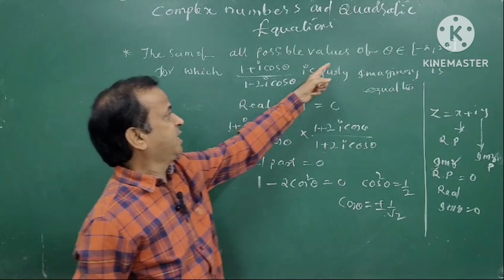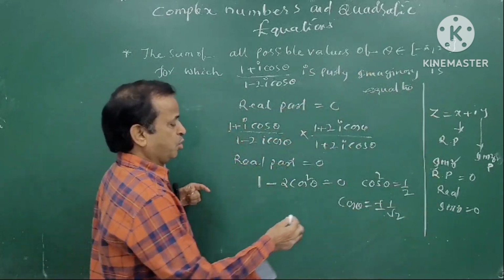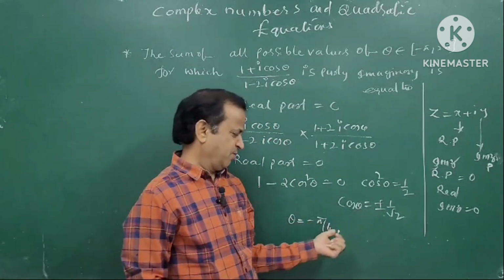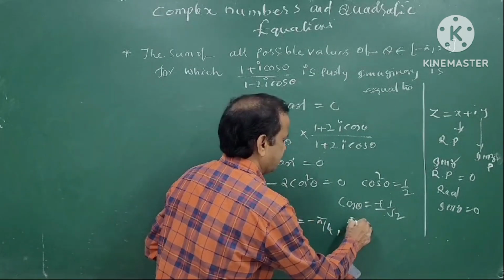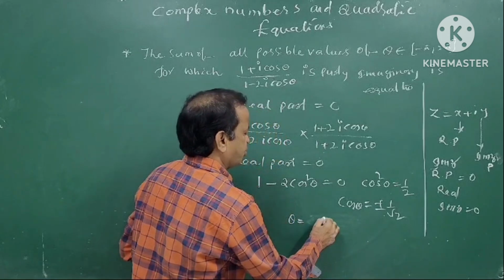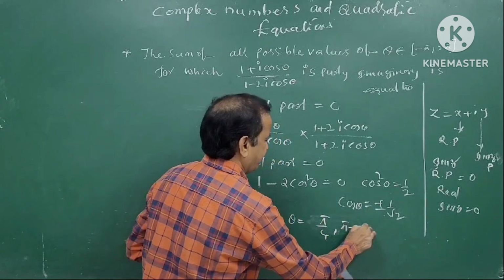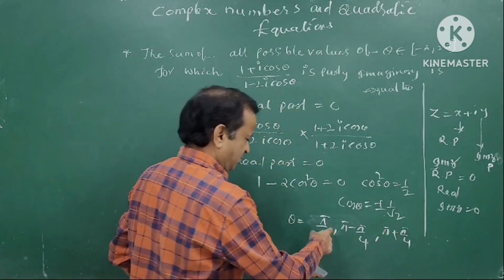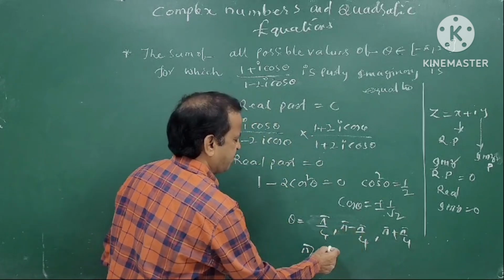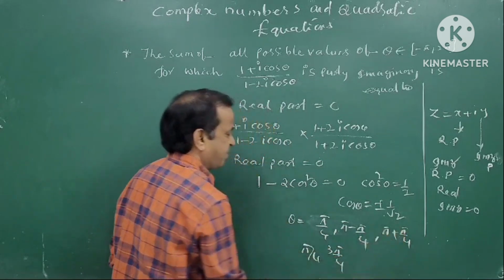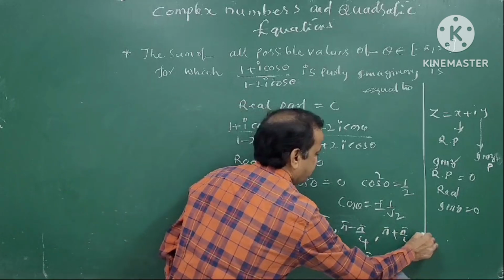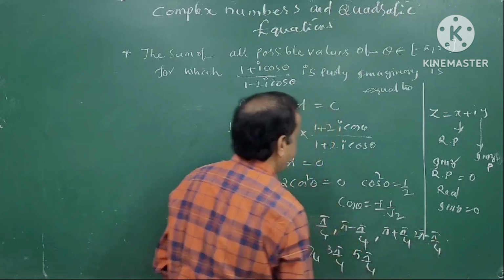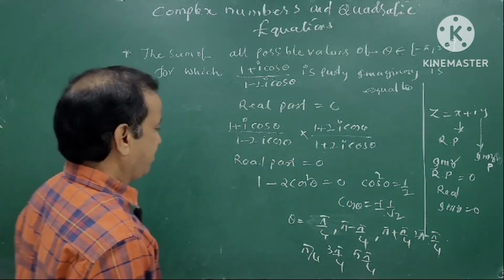Here it says theta belongs to minus pi to 2 pi. So first you should take pi by 4, pi minus pi by 4 is 3 pi by 4, pi plus pi by 4 is 5 pi by 4, and 2 pi minus pi by 4 is 7 pi by 4.